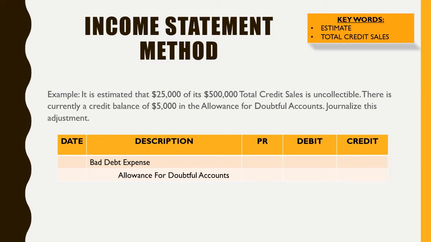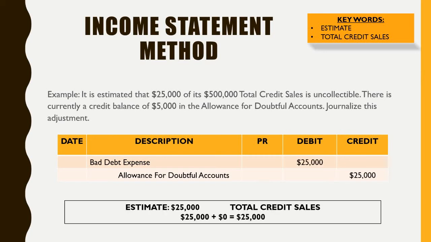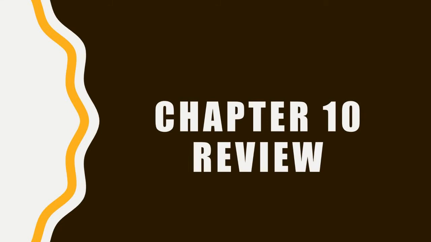Okay, so it's still the same: 25,000. You are correct, because now we recognize the key words here are total credit sales. We recognize that it's automatically going to be the income statement, so we don't care about the amount in the allowance for doubtful accounts. And that is it for chapter 10.1.